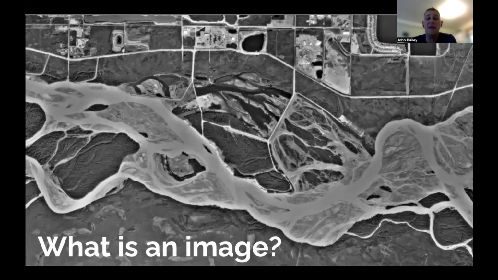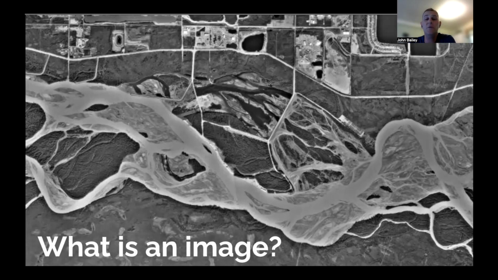We end up with an image. In this case, it's grayscale, because we're numbering each of these pixels on a scale from white to black. But it clearly creates something that we're able to recognize as stuff we know.